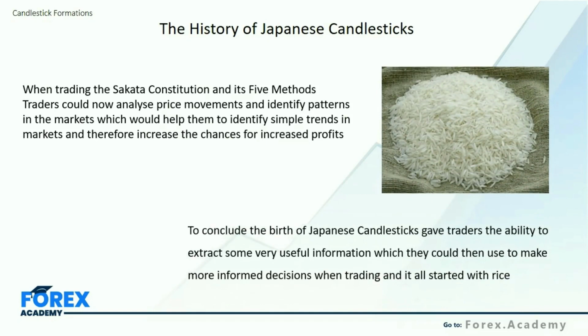Just to conclude this section, the birth of Japanese candlesticks gave traders the ability to extract some very useful information, which they could then use to make more informed decisions when trading. And it all started with the beautiful rice, as you can see up on screen. Hopefully that gives you a comprehensive understanding of the origins of Japanese candlesticks.